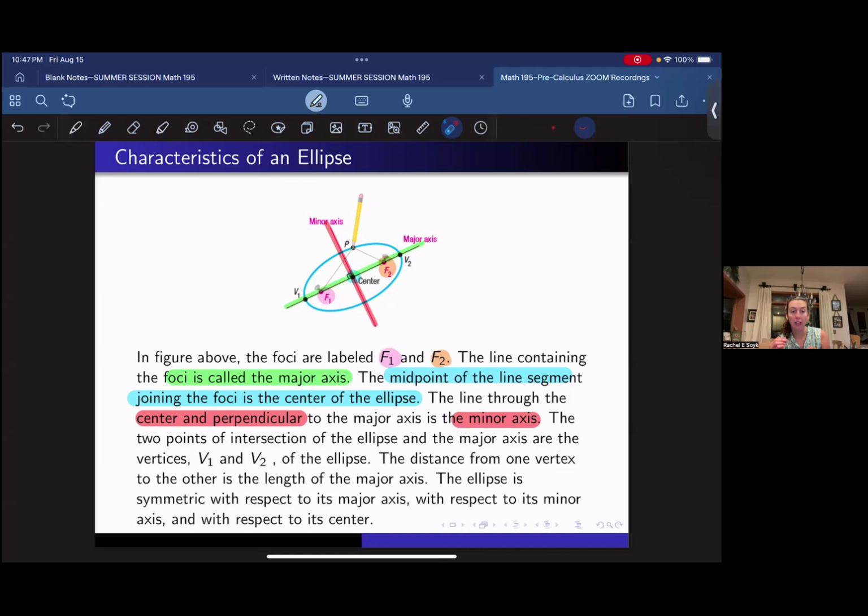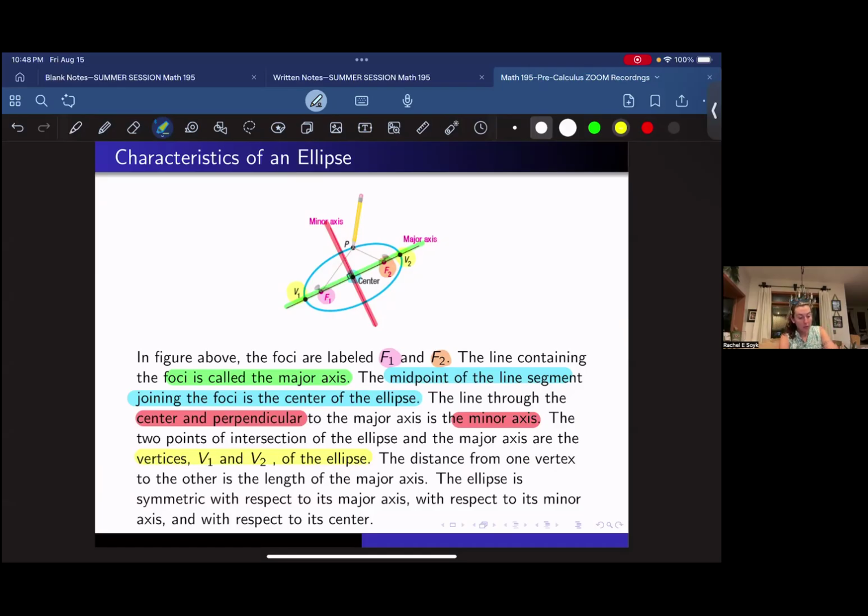It's just we're really honing in on the vertices stemming from the major axis and not the minor axis. So these are not vertices. It's always going to stem from our major axis. So why don't we label and color code our vertices V1 and V2 in yellow.